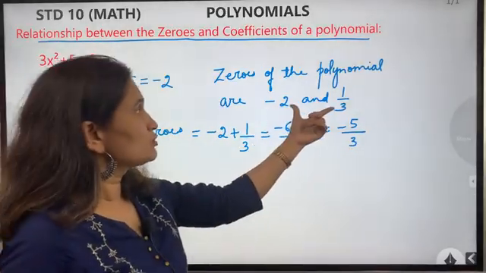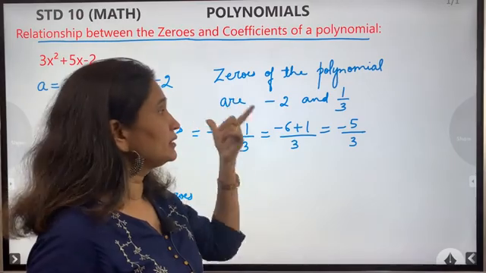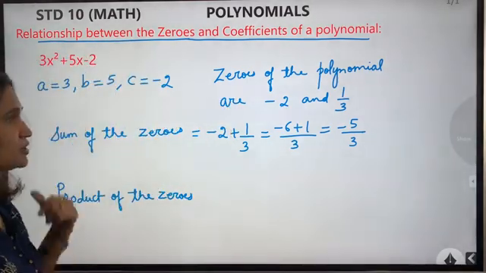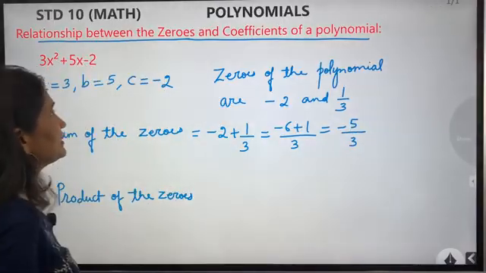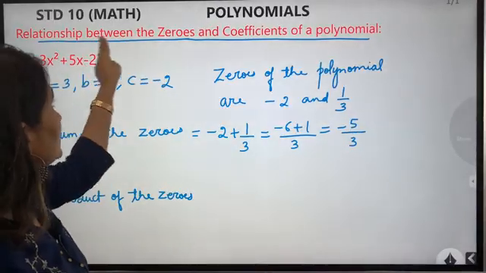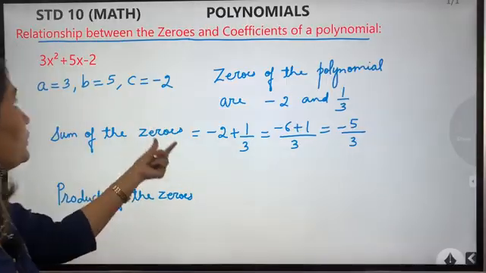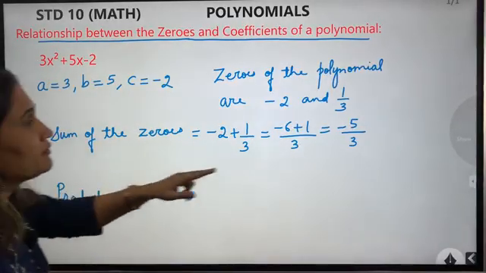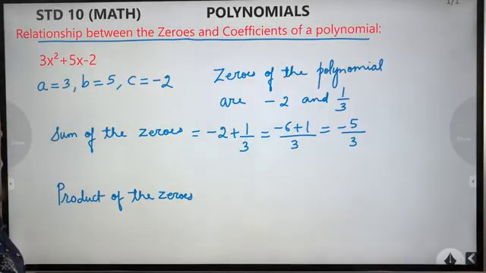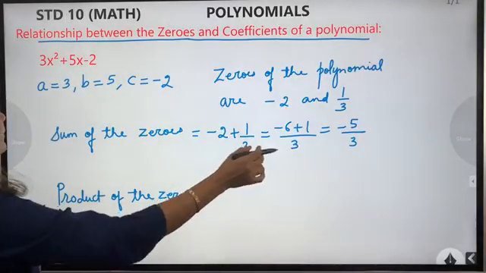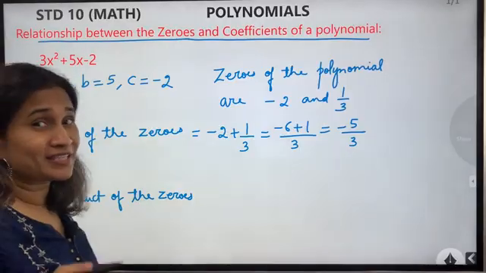I found the zeros of the polynomial by splitting the middle term, and now I am doing sum of the zeros. Sum of the zeros I added and I got minus 5 by 3. Now let us see, I am trying to give a relationship between these zeros and the coefficients. Now children, when you look over here, isn't 5 a coefficient of x? And when you look at 3, isn't 3 a coefficient of x square?